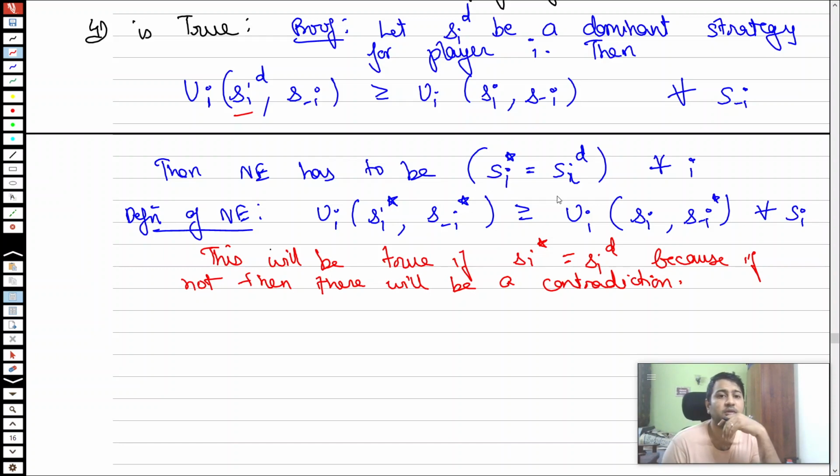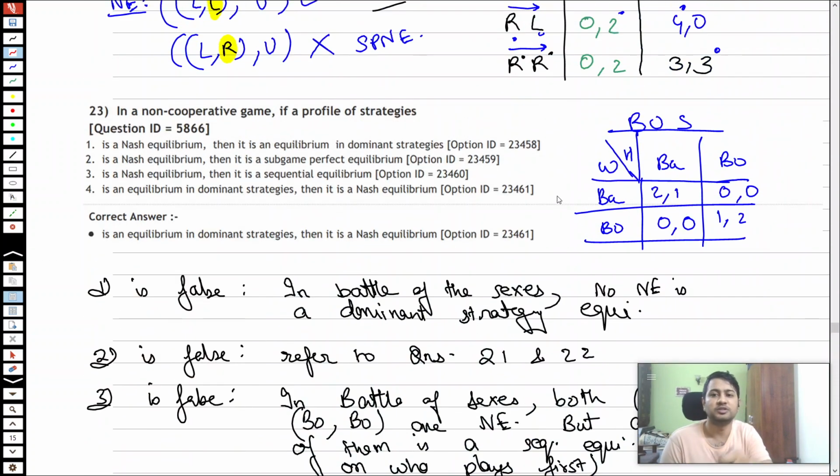Since there will be a contradiction otherwise, this has to be true, and so we can claim that the intersection of dominant strategies is going to be a Nash equilibrium. So the fourth option is true.